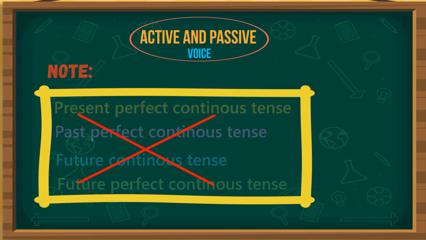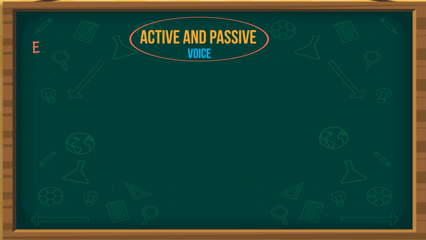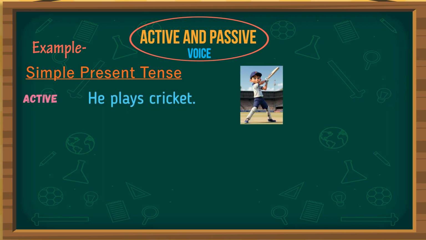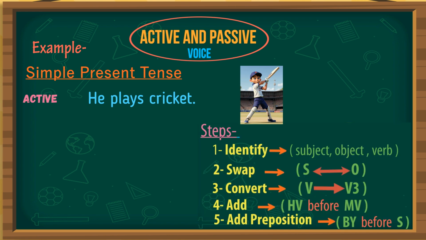Now, let's explore examples for each of 8 tenses to make things clear. We will begin with the simple present tense, and our first example is: he plays cricket. This sentence is in the active voice, and we will transform it into the passive voice using the 5 steps we discussed earlier.